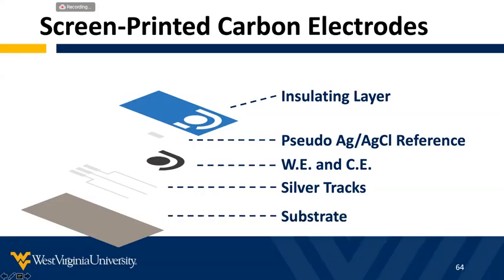A carbon paste is then used to define the working electrode in the center and the counter electrode. A silver paste containing silver chloride is then used to define the pseudo-reference electrode. Then the entire system is covered with an isolating non-conductive paste to isolate and define the electrode areas. The electrodes that we used in this study were these carbon-based electrodes and are commercially available via different vendors.